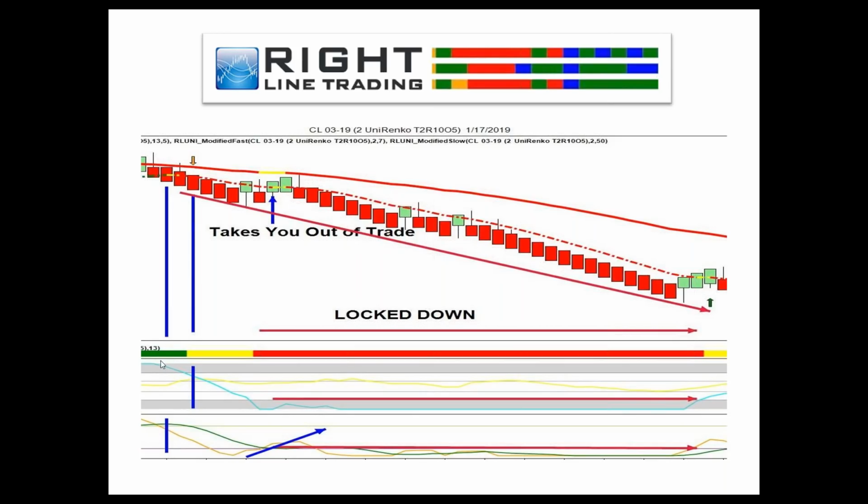It's no sweat. Look at the slope of the Laguerre, and then it locks. So where the stochastic oscillator blows you out, the Laguerre keeps you locked short. And at the very least, it's going to keep you from taking this ridiculous counter trend trade.